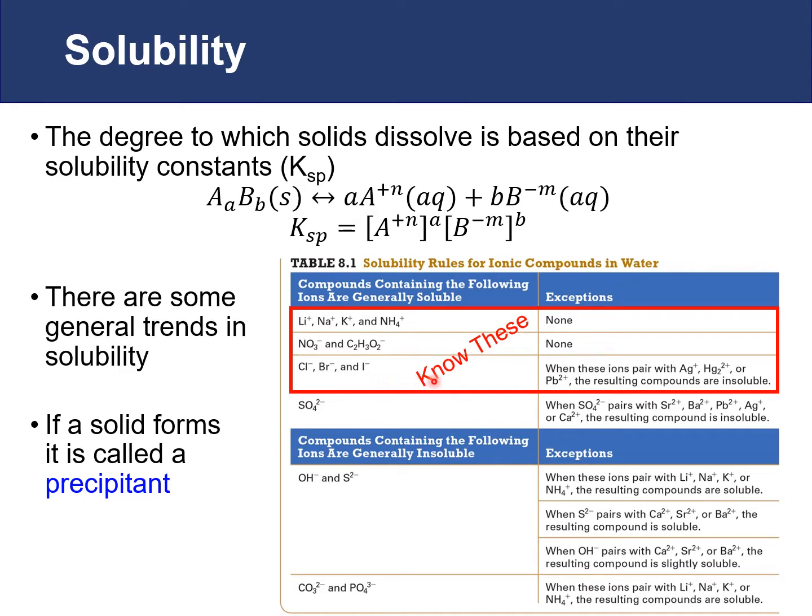They will, what we call, precipitate out of solution. So if a solid forms when we mix two solutions together, that solid is called a precipitant, and the process of a precipitant forming is called precipitation, kind of like raining, but for a solid.